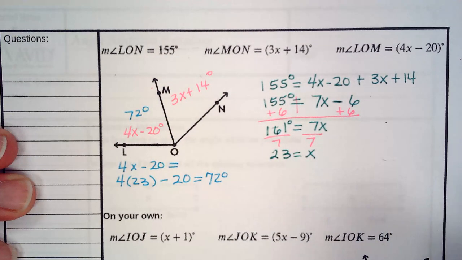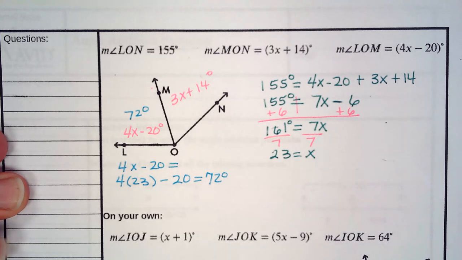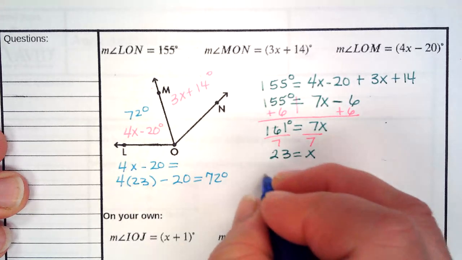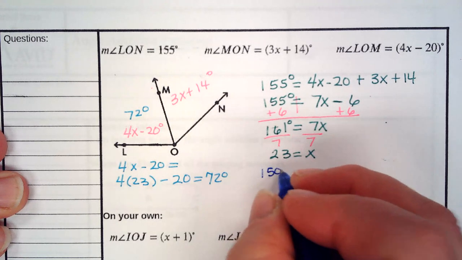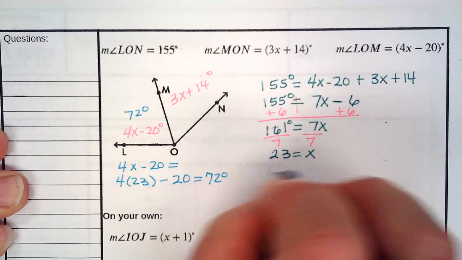Okay. Which way are we going to do it? It really doesn't matter. Using a calculator, both ways are equally efficient. So I usually will take the 155 degrees and minus what I know for the other one.